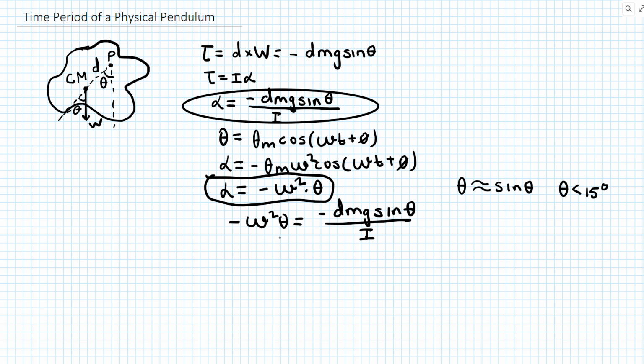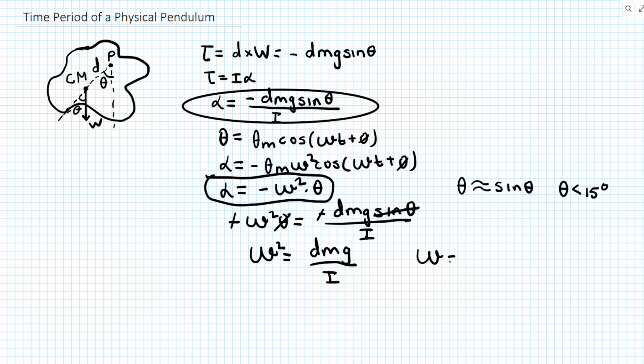And also here theta is in radians. So we can cancel out theta and sine theta because I specified that it's small oscillations, and also the negatives cancel out. So we're left with omega squared equals dmg over I.